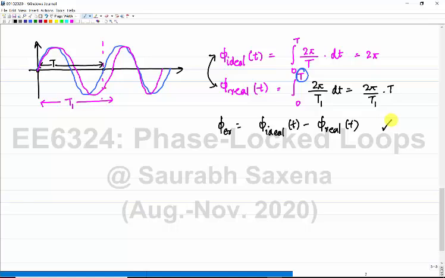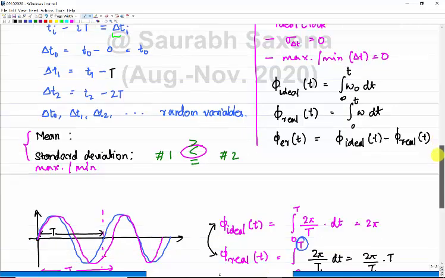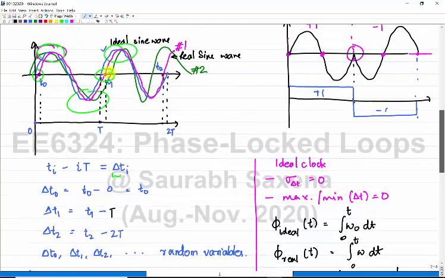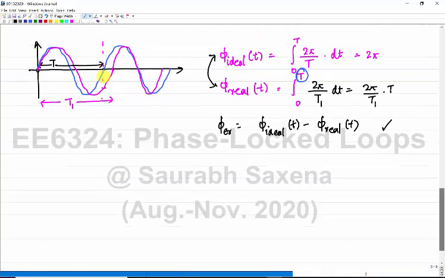If you look at the phase error and the timing error which I have shown you here, this timing error delta t, I can say that for the second rising edge, delta t is t1 minus t. The first rising edge comes here at t1, so the timing error is t1 minus t.